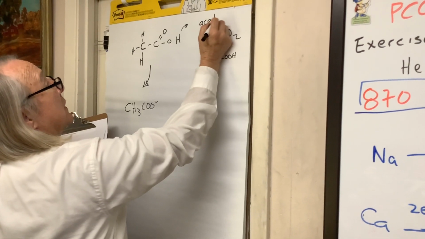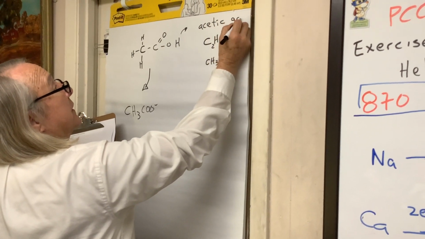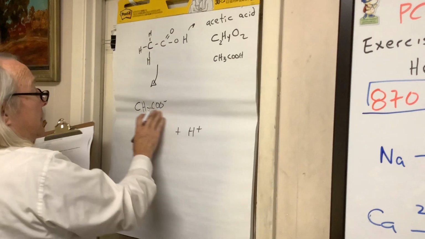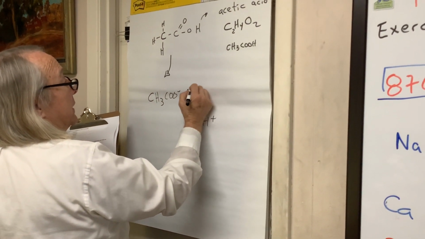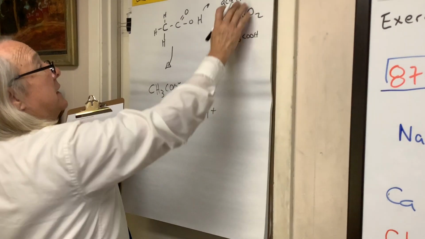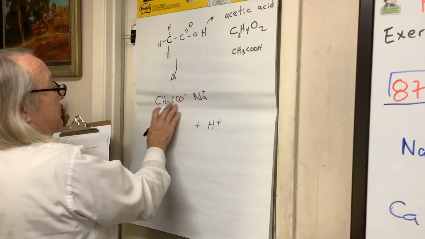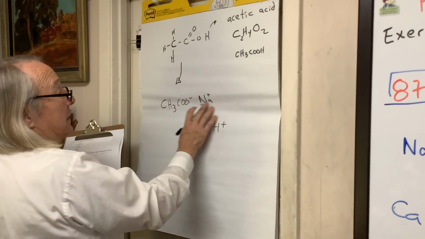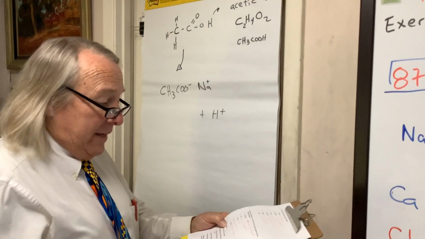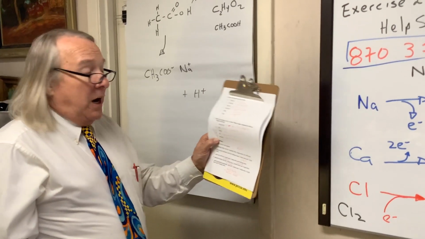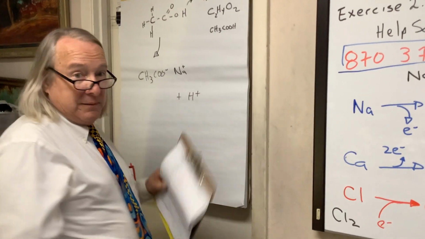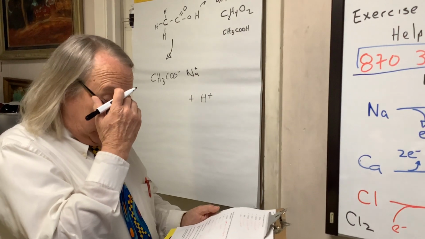You know it as vinegar. This acid has a negative charge. If you combine it with sodium, the ic acid becomes the ate salt, so we change its name to acetate. This is now sodium acetate. That's that 7E, and it's ionic and it's organic because it's got carbons and hydrogen in it.